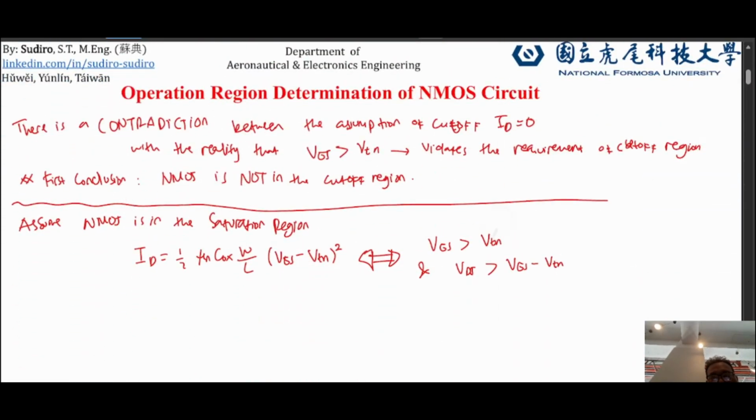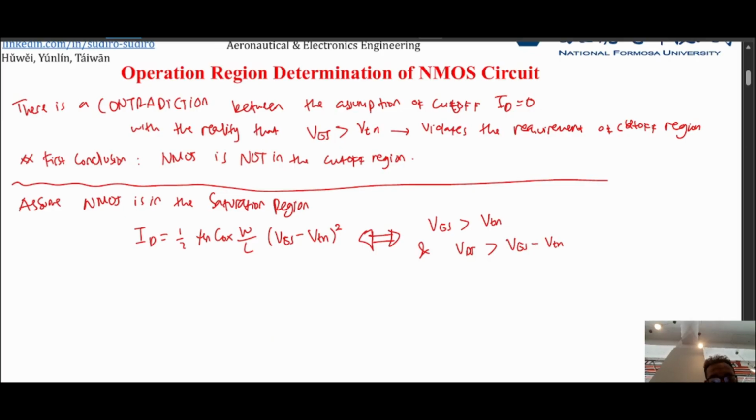From this, we can write directly ID is equal to a half mu n Cox, which is 1.5, times VGS, which is 7.5 minus ID, minus 1.5, squared.